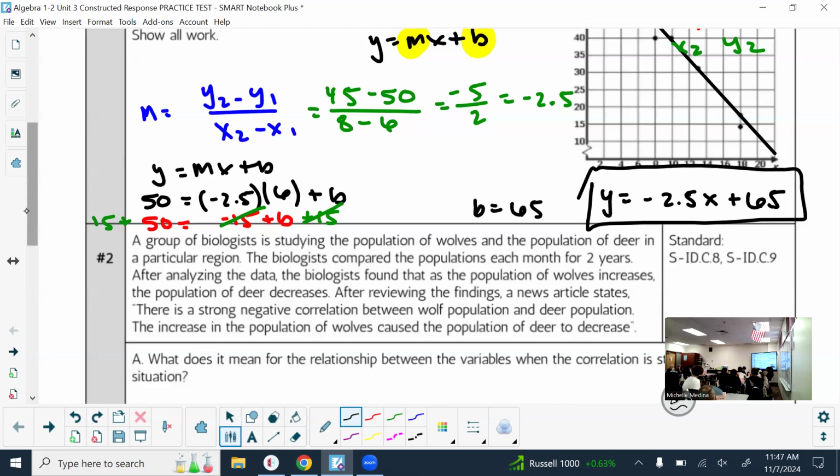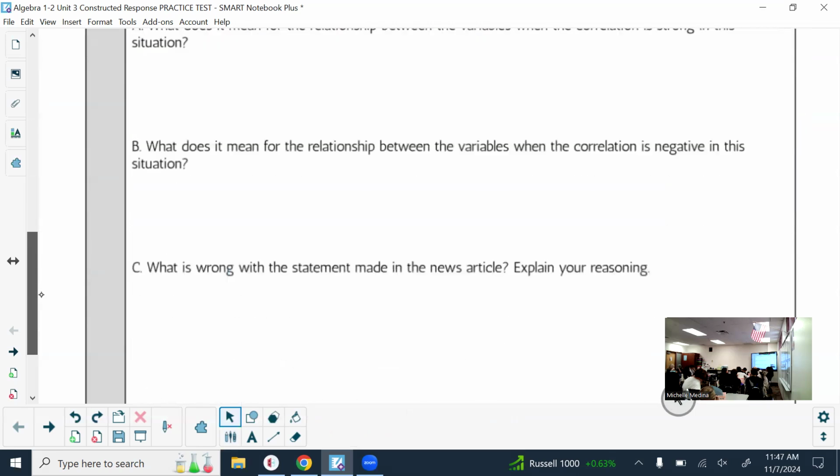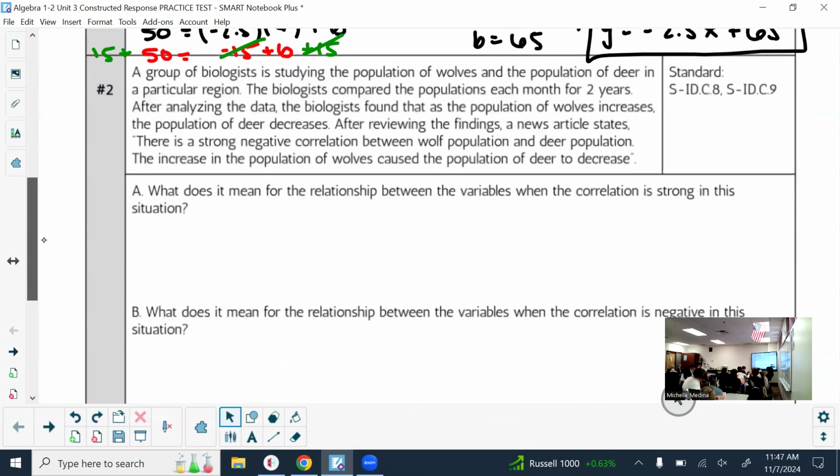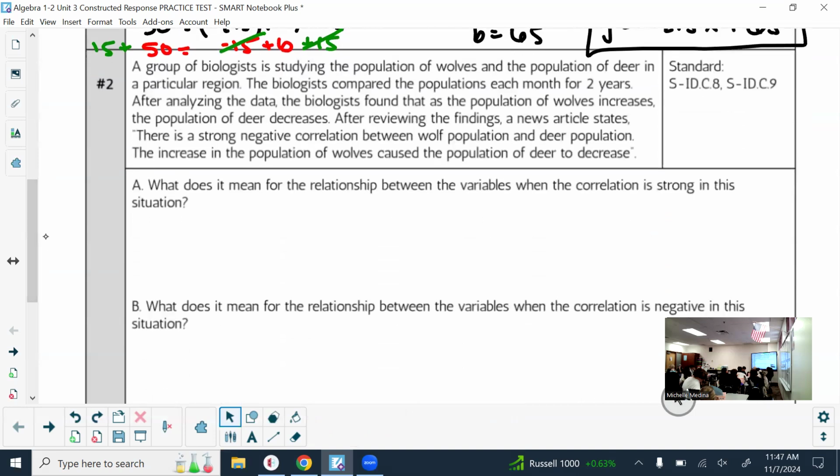Could you go to the one writing on that, please? Okay, sure. So this one has to do with what you were supposed to learn yesterday, I believe. Yes. Correlation versus causation. A group of biologists is studying the population of wolves and the population of deer in a particular region. The biologists compared the populations each month for 2 years.